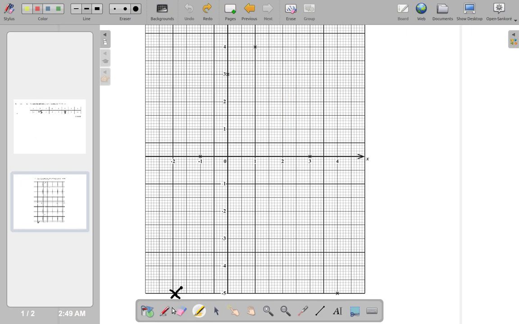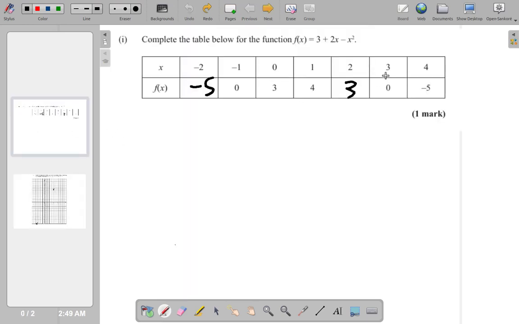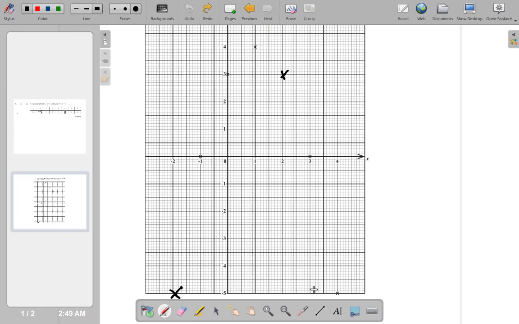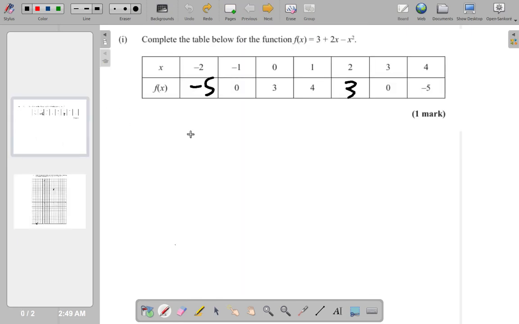So this point is 2, then up to 3, and it's right here. Good. After that you have 3, 0, so move to 3, and the y-axis value would be 0, so you did not move up nor down, you remain at 3, and that point is already plotted.